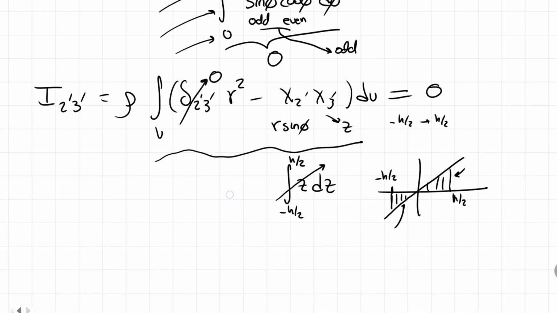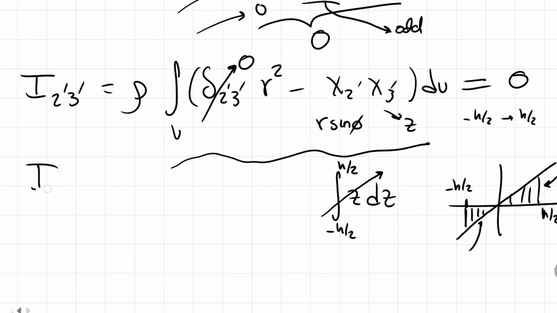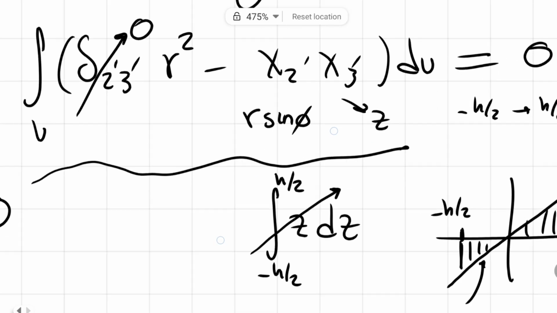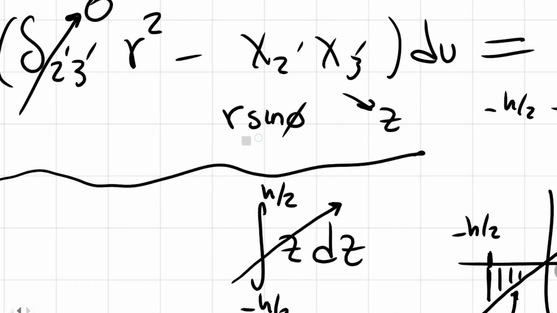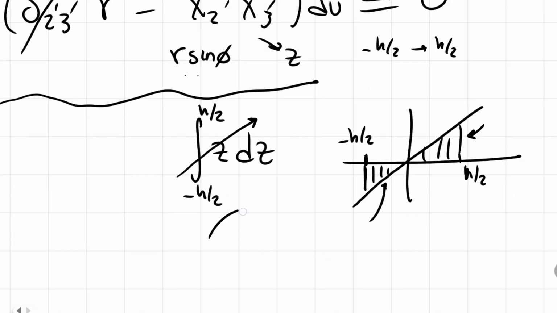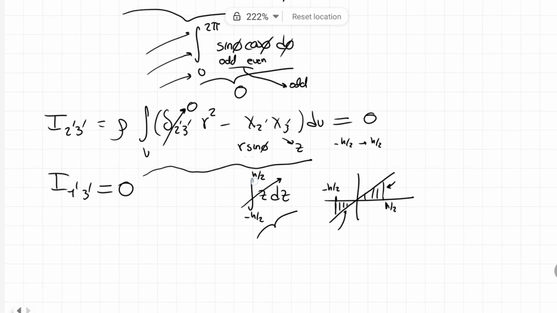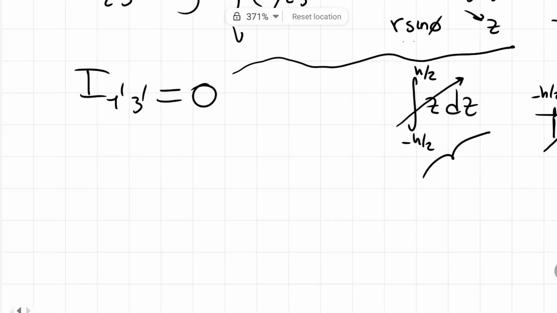And it's easy to see that for the component I13, it's going to happen the exact same thing. The only thing that is going to change is that instead of a sine, we are going to get a cosine, but that doesn't affect this integral that we have here. So again, the components of the inertia tensor that are not symmetric are going to be equal to 0.